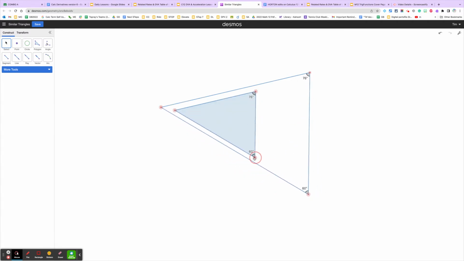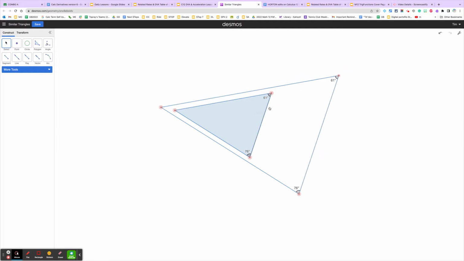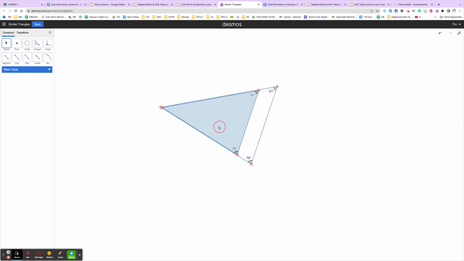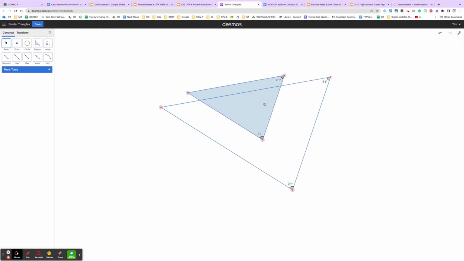Let's see. How do I make this bigger? Oh, maybe it's this one that I pulled down. Oh yeah. So if I move them down, they're ultimately going to be the same size, which they are, and you can see that. So with similar triangles, we can count on them being proportionally the same size, meaning that there's the same multiplier from this side to this side as there is from this side to this side.